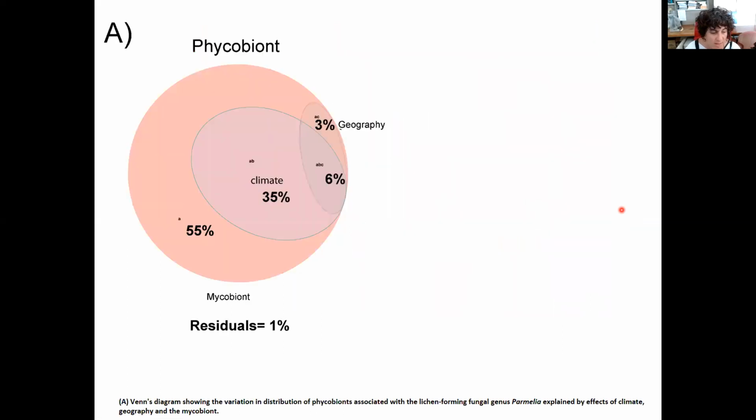To identify the factors that shape the mycobiont partner distribution, we performed variation partitioning analysis. Both analyses explained an unexpectedly high proportion of the variability. Climatic conditions, geography, and the mycobiont explain 99% of the variation.